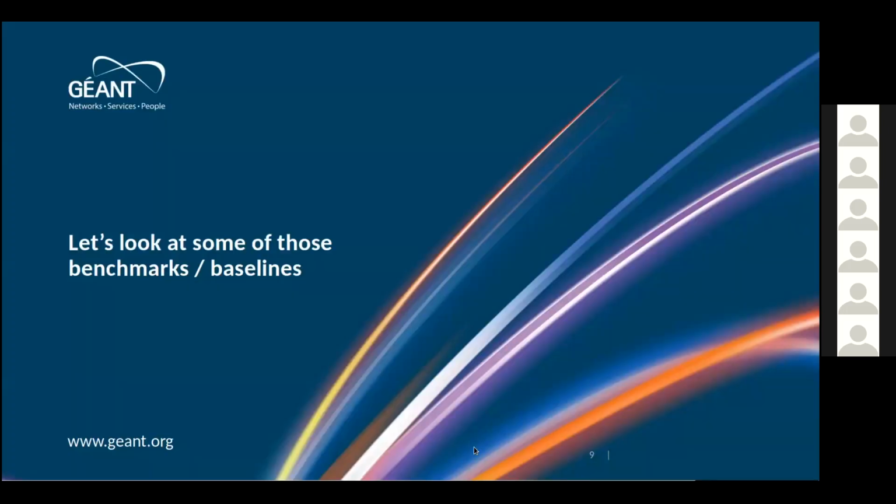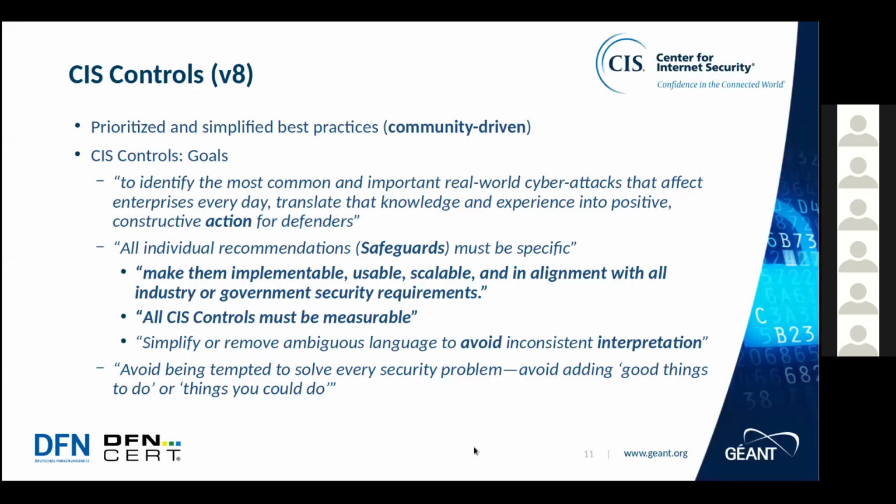So let's look at some of those benchmarks that are out there. And one of the first one, which is actually a very, very well-known one, which has been around for quite a few years, and it's actually being used all over the world, is the so-called CIS controls. CIS is an organization called the Center for Internet Security. It's a rather large one.